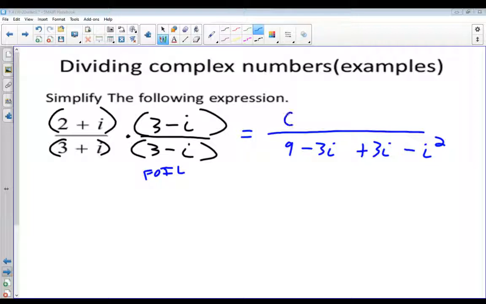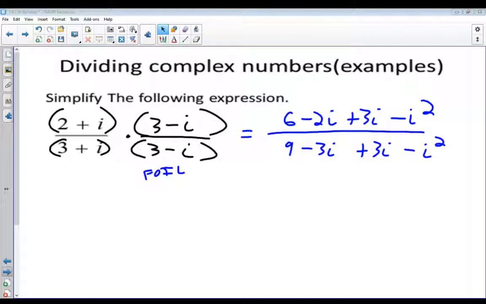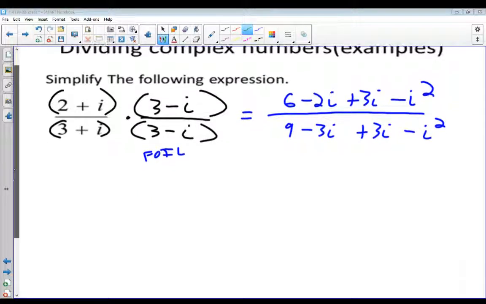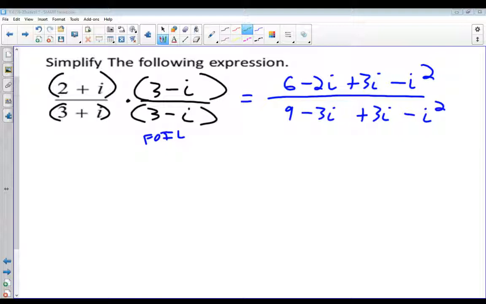First term should give you 6i. Outside term should give you negative 2i squared. Inside should give you 3i. And then the last term should give you negative i squared. Okay. So now we've got to simplify top and bottom, combine like terms. First, going to start with the bottom part.